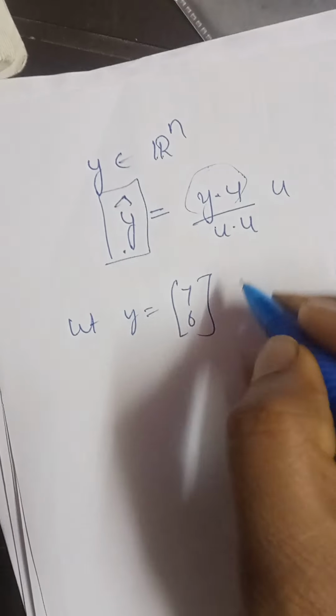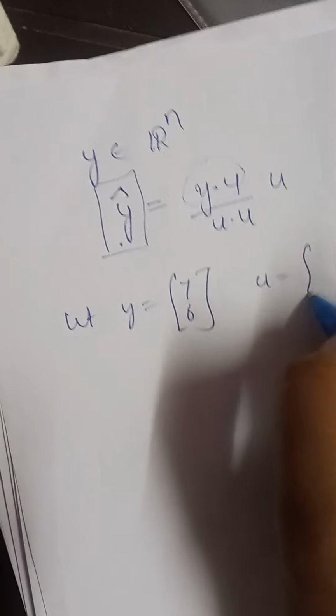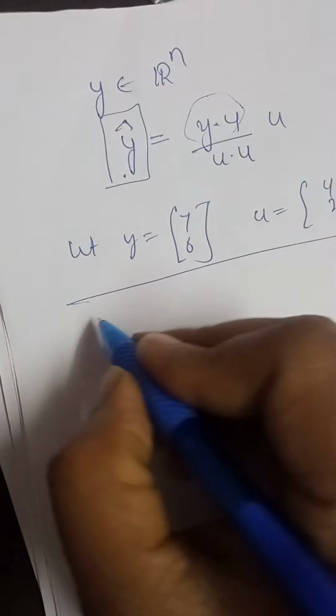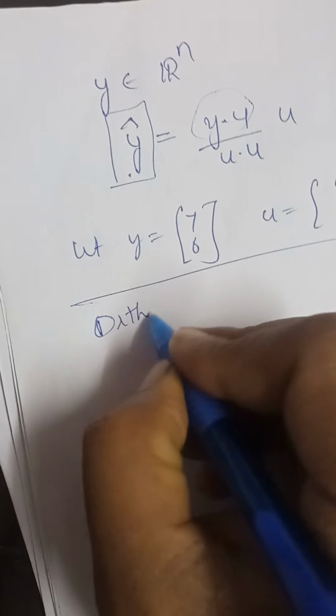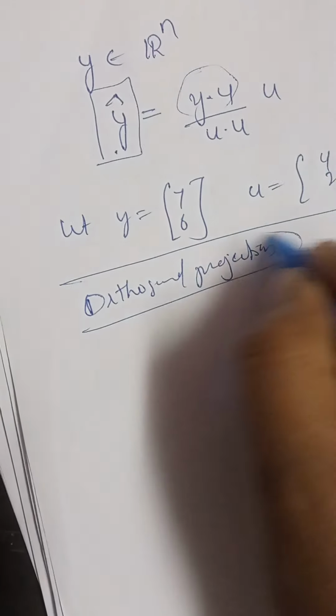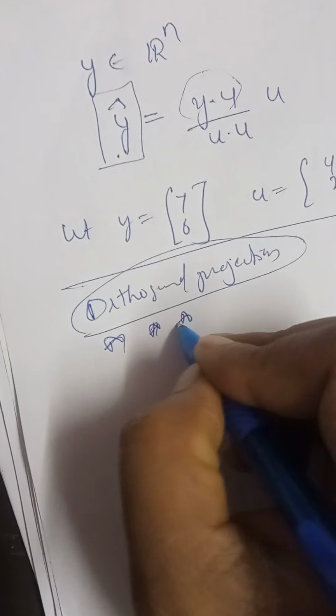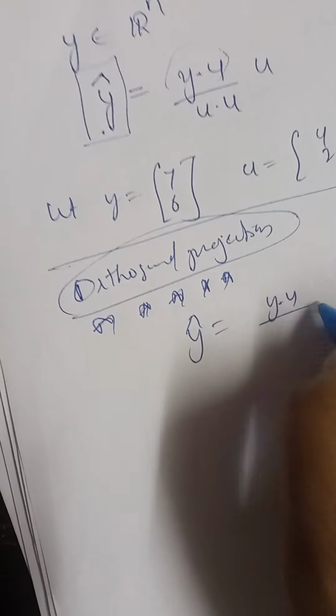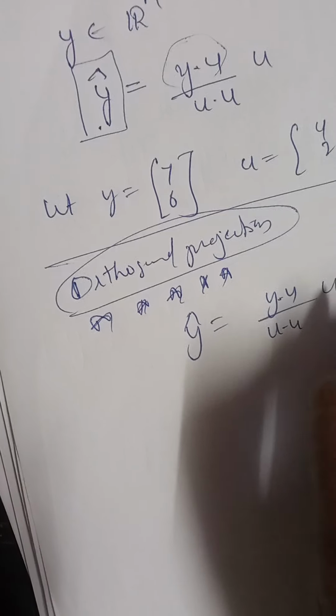Now one example I am taking. Let y is equal to 7, 6, and u is equal to 4, 2. Find the orthogonal projection. Orthogonal projection means this is the formula: y cap is equal to y dot u by u dot u into u.